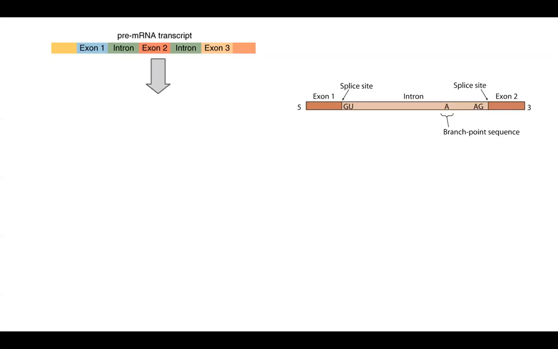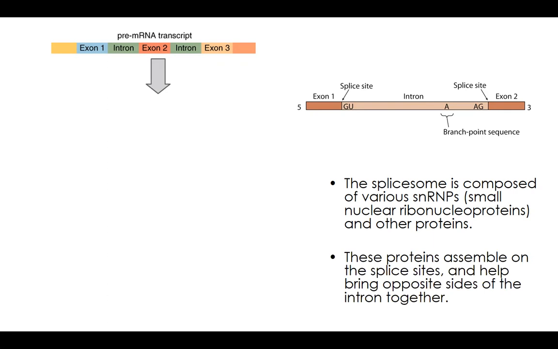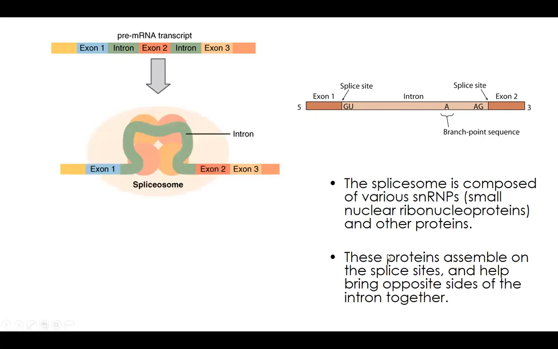So let's see what happens next. We have, again, our sequences here, and we know we've got our spliceosome ready to go. The proteins assemble and help bring the opposite sides together.